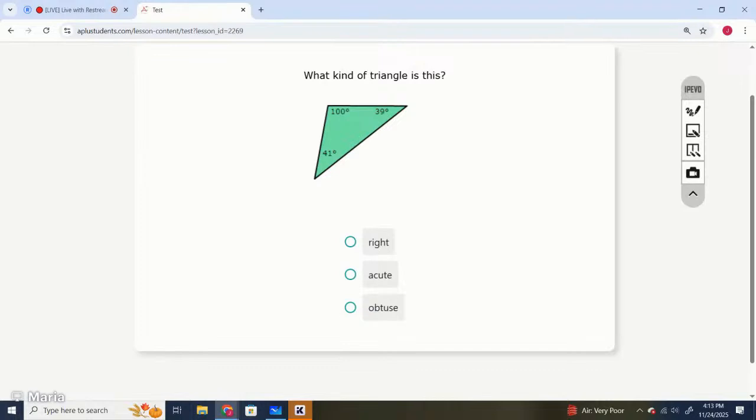What kind of triangle is this? So look at the triangle. One of the angles is more than 90 degrees. So then that is the obtuse triangle. Option number three is the correct option.